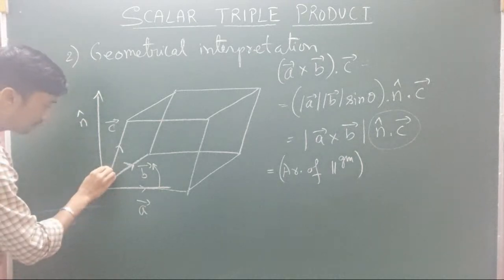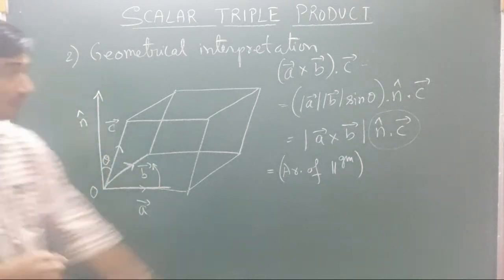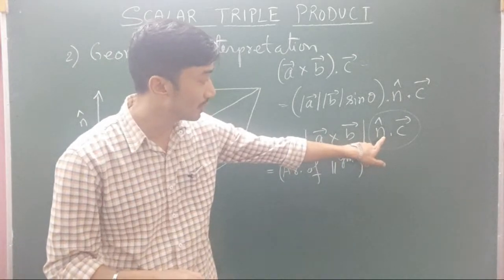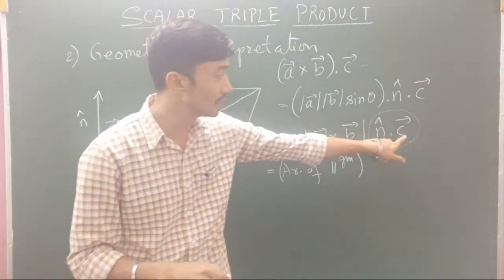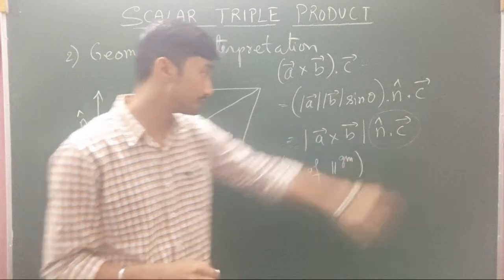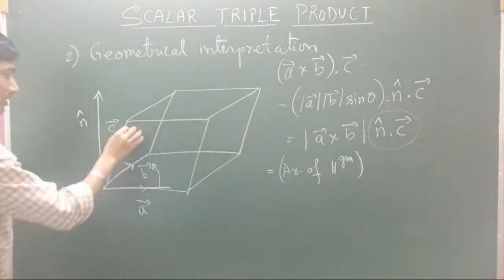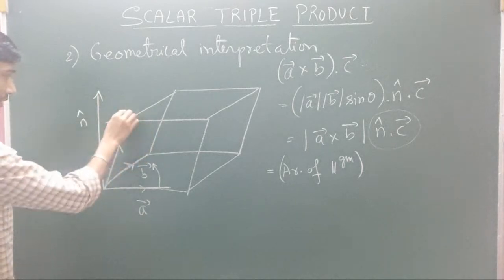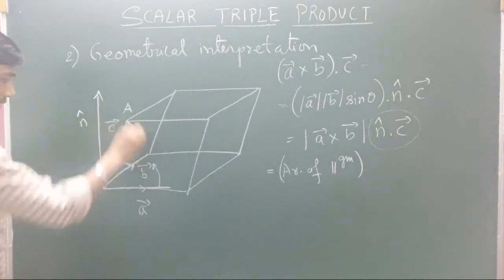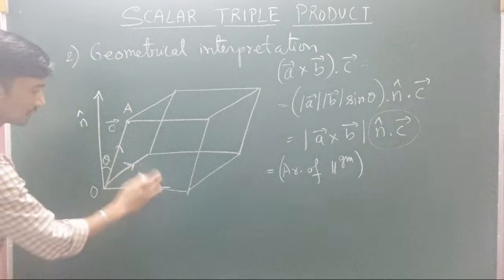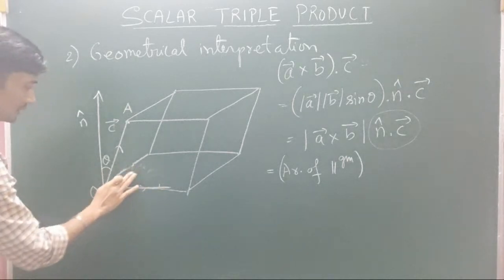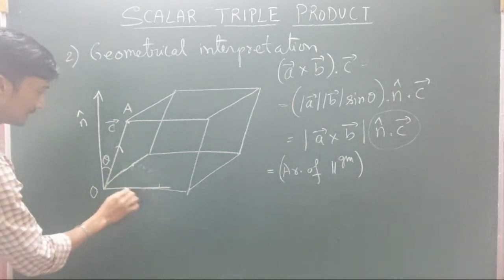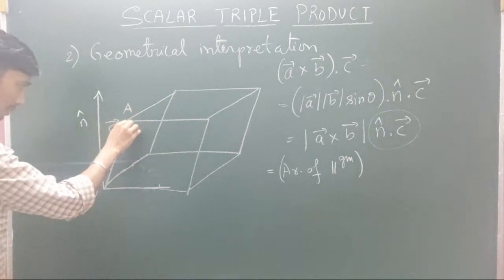So let's say that it makes an angle theta, because we have to find out the dot product of this unit vector with the C vector. I hope you're getting it. Let's name this point A. I'm just going to rub this off once, to clear certain things. From here, I'm going to drop a perpendicular.